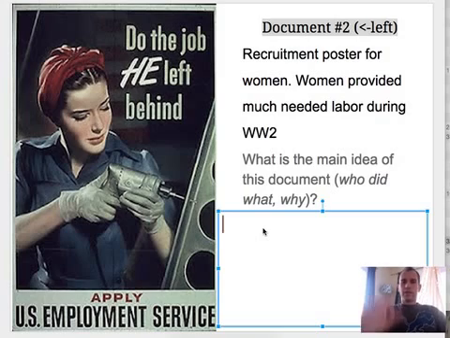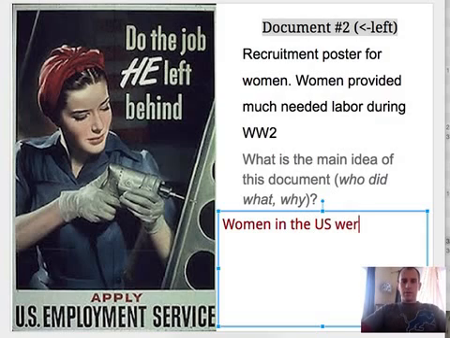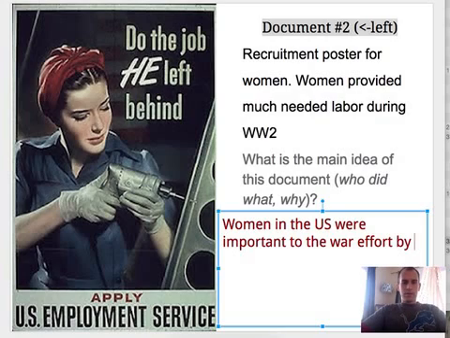So let's look at the main idea. I'm going to say women in the U.S. were important to the war effort by working in factories.